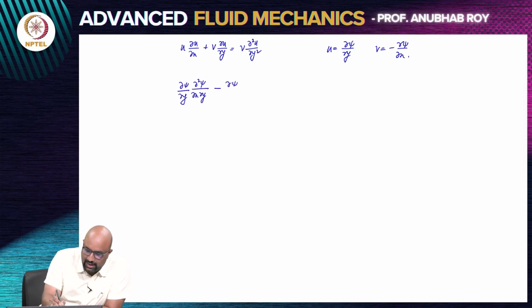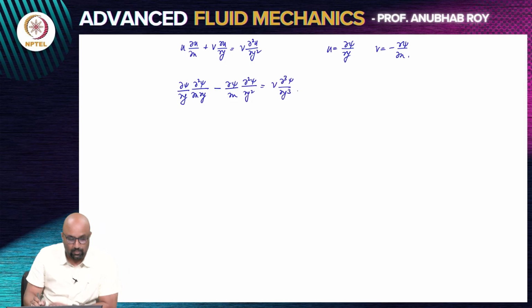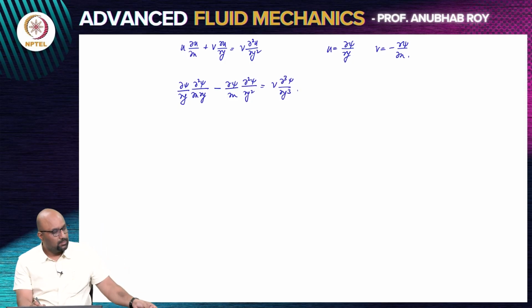V is minus dou psi dou x, and dou u dou y will be dou square psi dou y square, and the last term is dou cube psi dou y cube. So this is basically the equation that you have for Prandtl's boundary layer equation when I use the stream function formulation. I don't need to use continuity because that is automatically satisfied with the formulation of stream function.